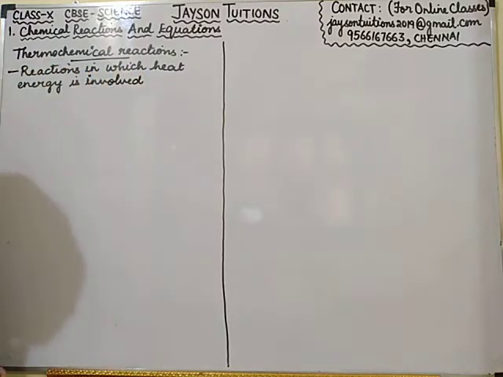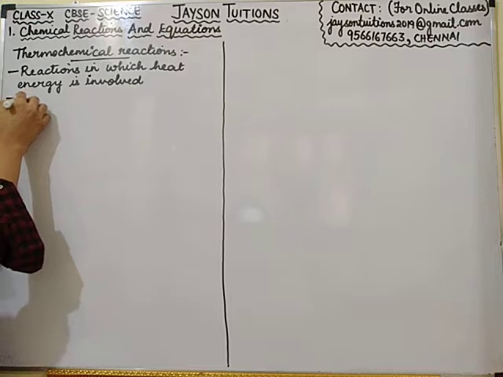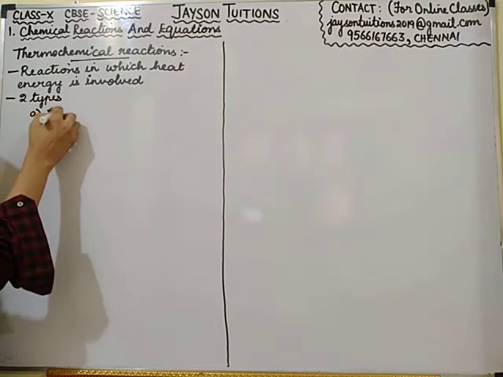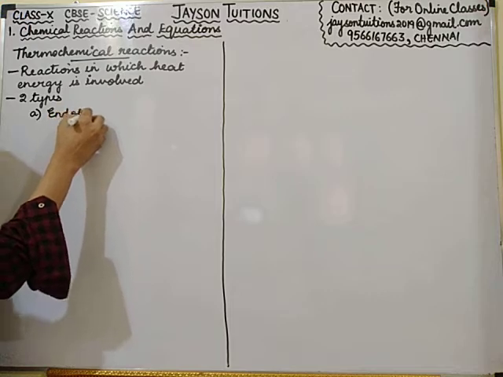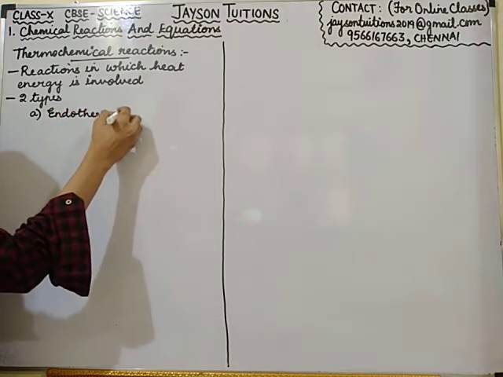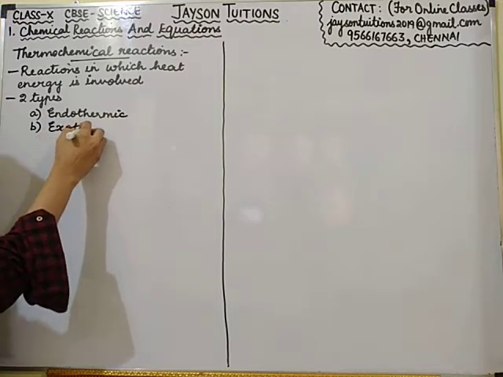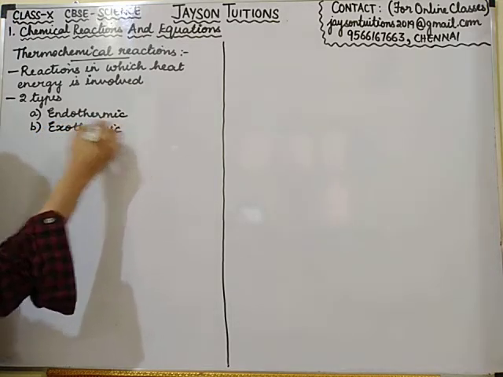These thermochemical reactions are divided into two types. One is endothermic reaction and the other one is exothermic reaction.